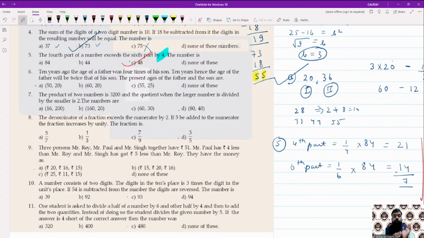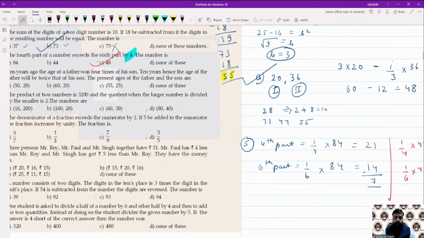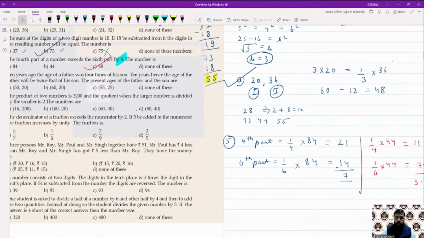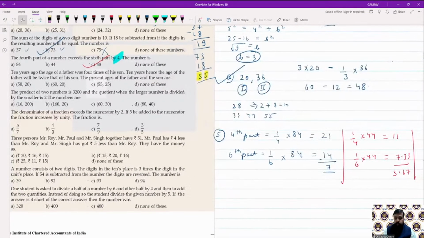And 10 years hence, that means after 10 years, the age of father will be twice that of son. The present ages of father and son are. So what do we have to do? We have to calculate the present age. So always try using the options.